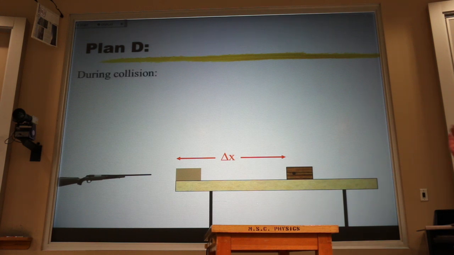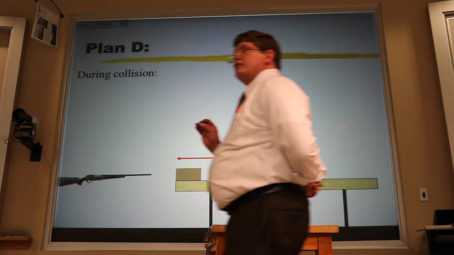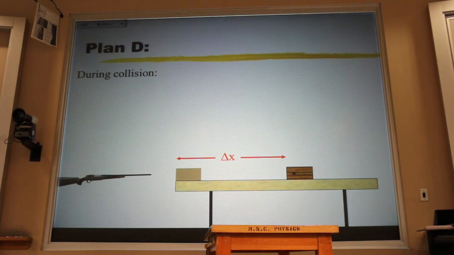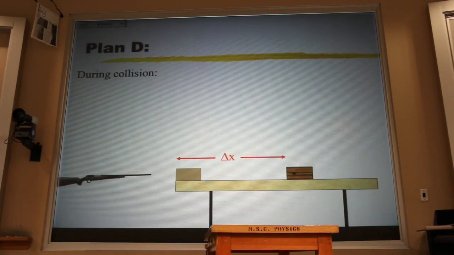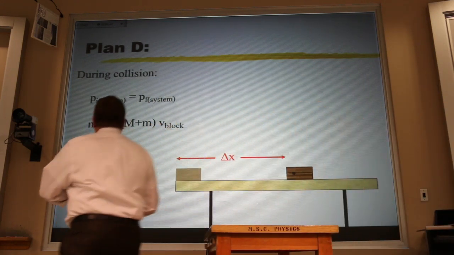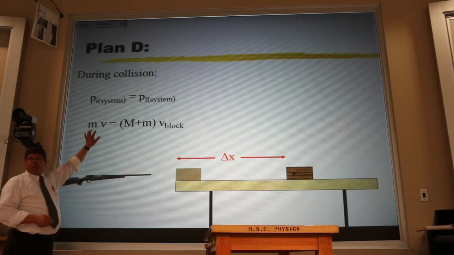First of all, during the collision, do you conserve momentum or energy? Momentum. It's a maximally inelastic collision. They stick together and move together. So energy is not conserved. It's momentum that's conserved. Before the collision, it's just the bullet that has momentum.